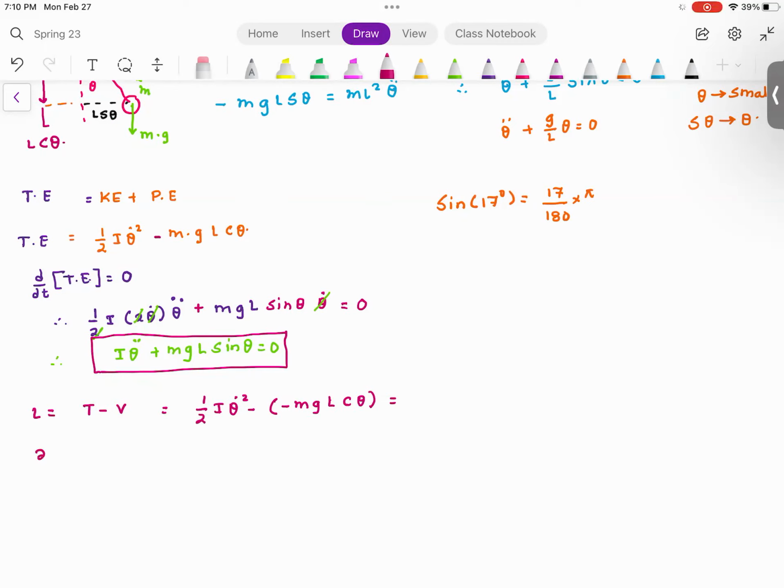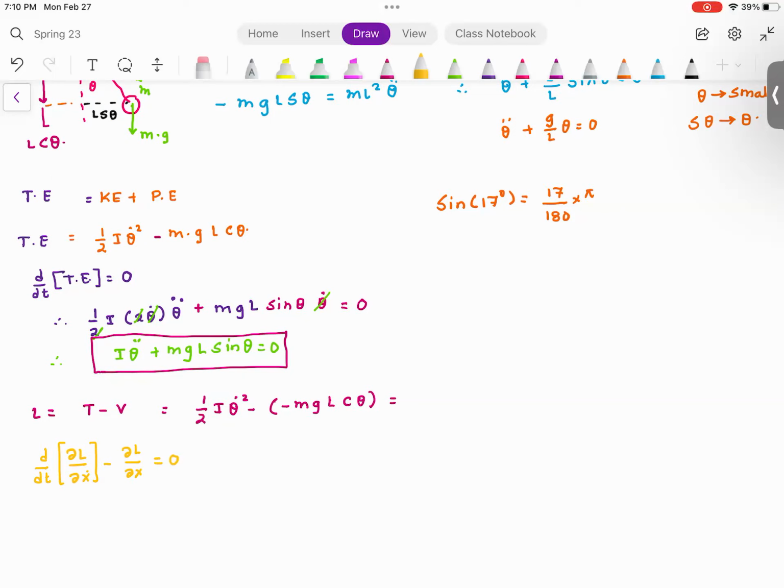So let me write it: d by dt of partial L by partial x dot, minus partial L by partial x, is equal to 0.